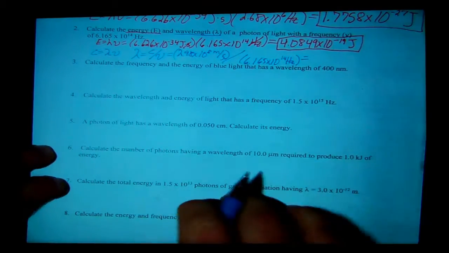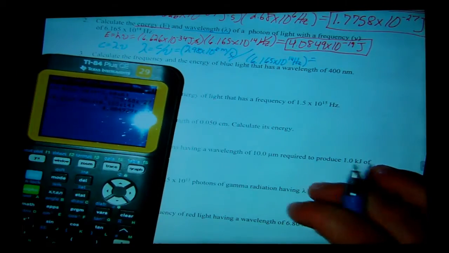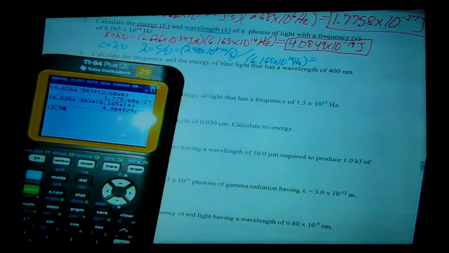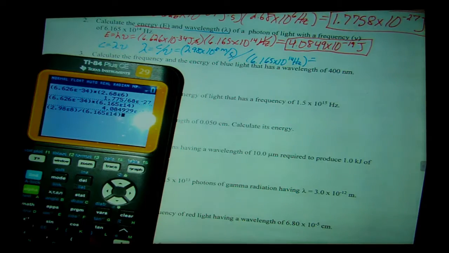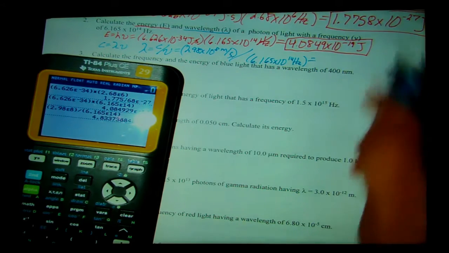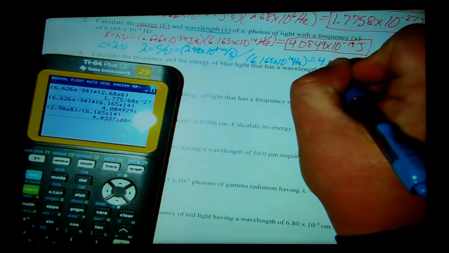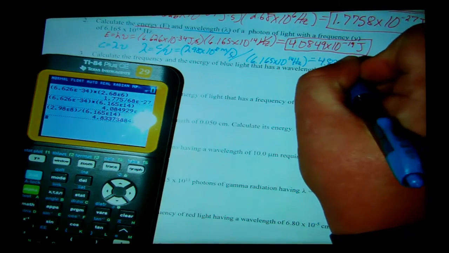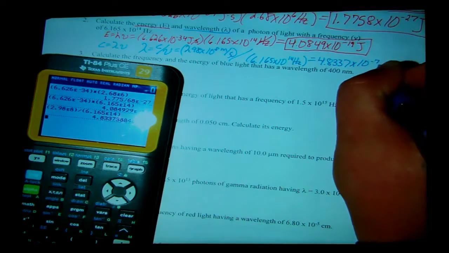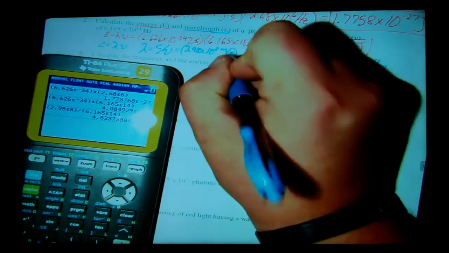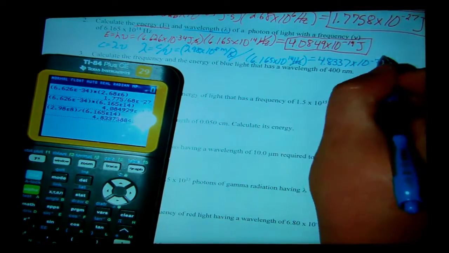And we will find .8337 times 10 to the negative 7 meters because hertz and seconds cancel out.